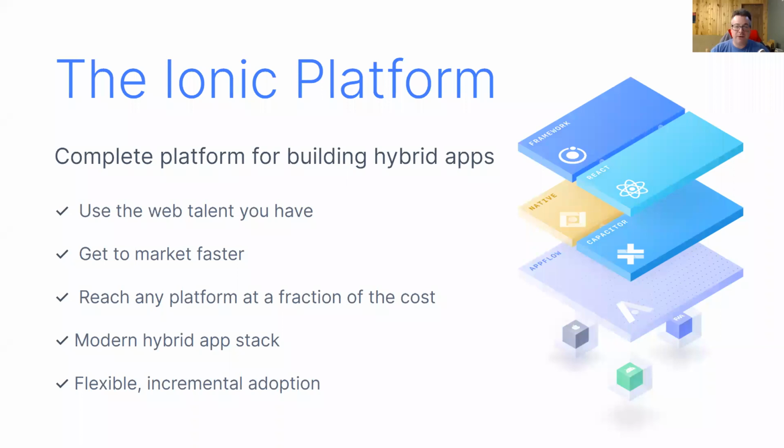We have a complete open source platform for you. So at the end of the day, with us, you can use the web development talent you have to get to market faster, to test new ideas or update legacy applications, all these different types of use cases. You've got a complete vertical stack that works for you and runs cohesively. The benefit, of course, also is being able to reach any platform at a fraction of the cost.